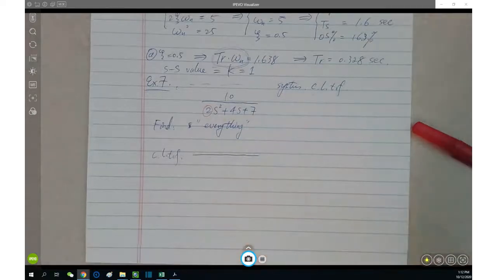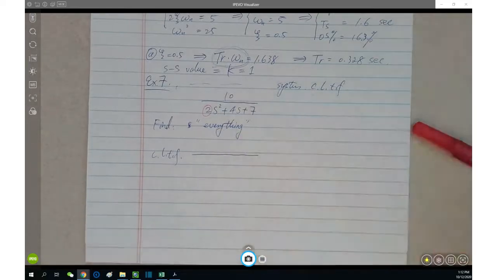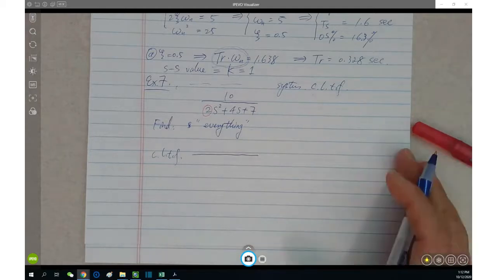By doing what? By dividing by 2 on both numerator and denominator.